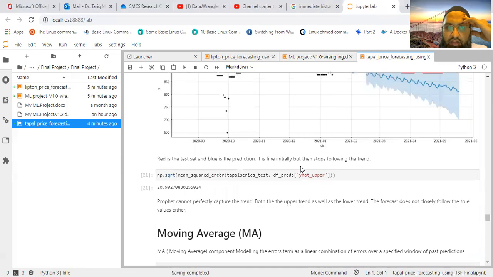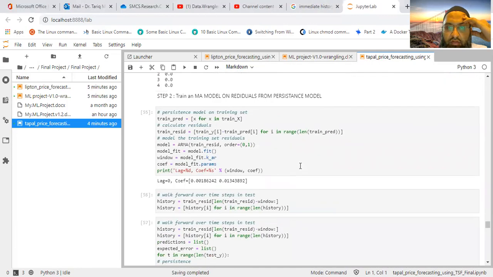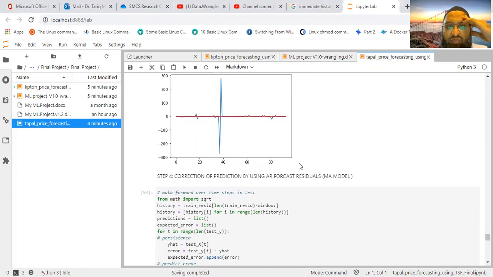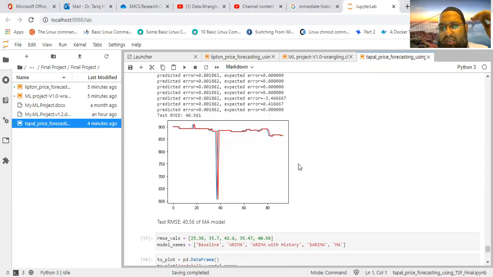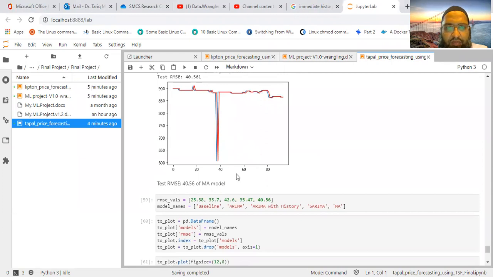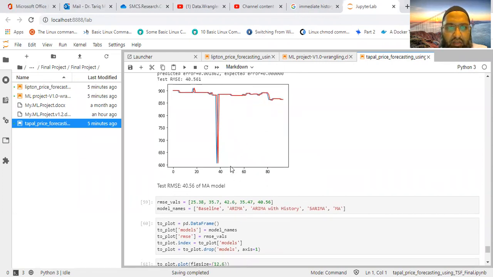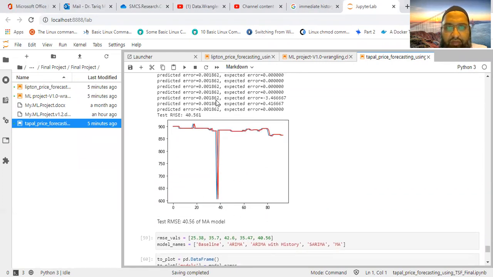We have some errors here. And we have the moving average model. This is pretty good. We have a test RMSE of 40.561, but I think this is more than in the case of ARIMA with the history option, the traditional ARIMA.